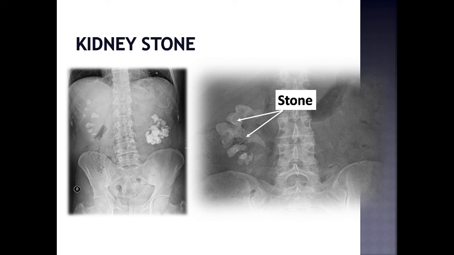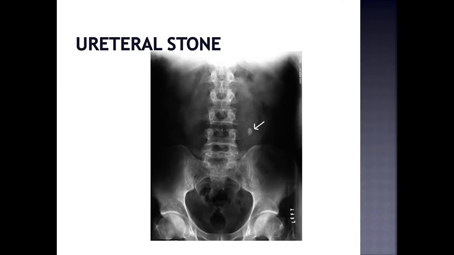Calcifications that we expect in the region of the renal fossa correspond to renal calculi, and those that we see along the urinary tract, that is along the course of the ureter, will correspond to ureteric stones, and those that we see in the bladder fossa will correspond to stones in the urinary bladder. So this is a ureteric stone.